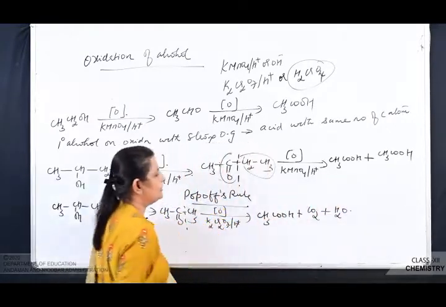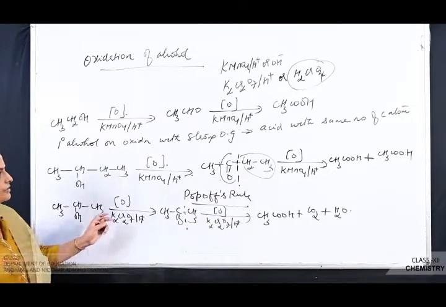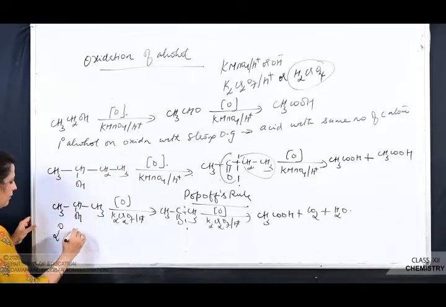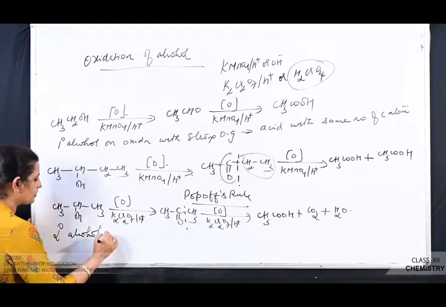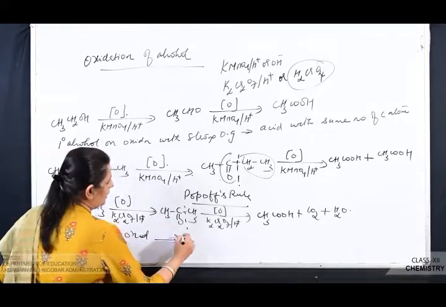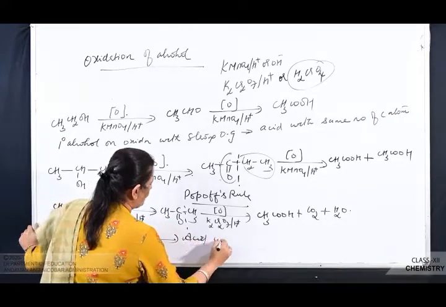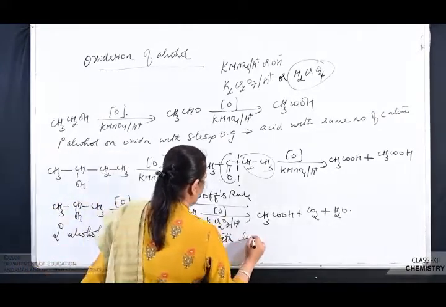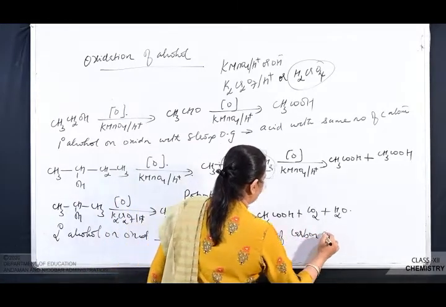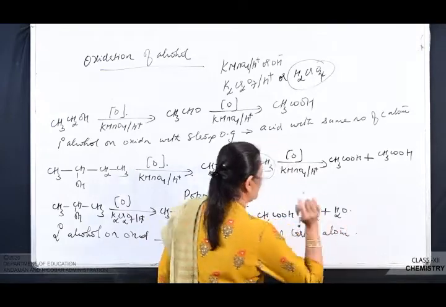So is it clear? A primary alcohol on oxidation gives an acid with the same number of carbon atoms. A secondary alcohol on oxidation gives an acid with less number of carbon atoms. Is it clear?